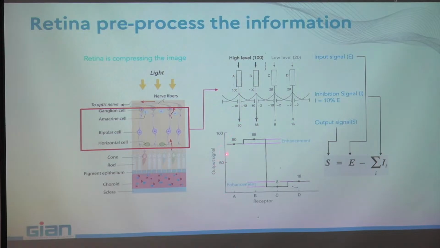When you have a contrast here, 120, finally what you see is 80, 88. Here you see 8 and 10, or 16, 16. That means you amplify the difference between the bright and the dark area. And this is very important because it allows you to see the contours.